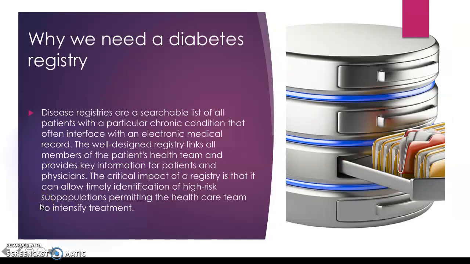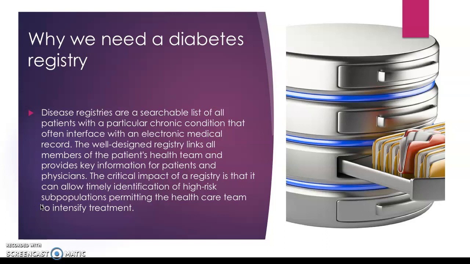To go on, I'd just like to say something briefly about what a diabetes registry is. Diabetes or disease registries are a searchable list of all patients with a particular chronic condition that often interface with an electronic medical record. A well-designed registry links all members of the patient's health team and provides key information for patients and physicians.